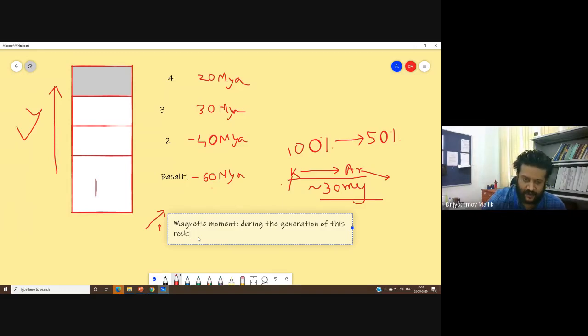Okay? And that is what we call NRM, or natural remanent magnetization. So I take a sample of this rock and then I calculate the magnetic moment. Which magnetic moment? The magnetic moment that was formed in this rock during the formation of this rock.